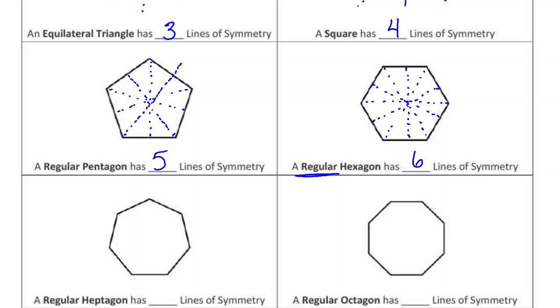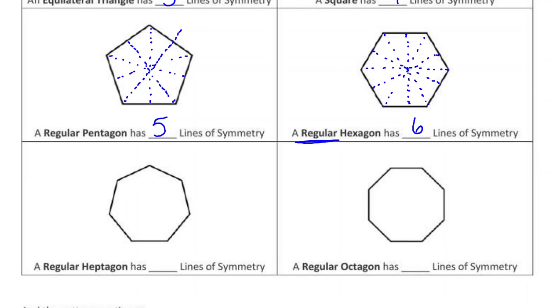A regular heptagon has 7 congruent sides, 7 congruent angles, and 7 lines of symmetry. There's 1. There's 2. It's like each point goes to the flat end. There's 3. There's 4. There's 5. There's 6.